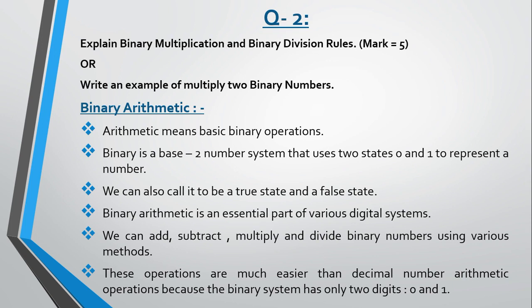It is the same as normal arithmetic, but here we work with binary numbers. It is simpler than the decimal number system because we need to deal with only 2 digits, either 0 or 1, and naturally your result would be in the form of 0 and 1 only.